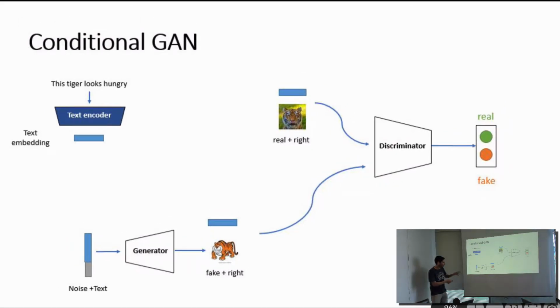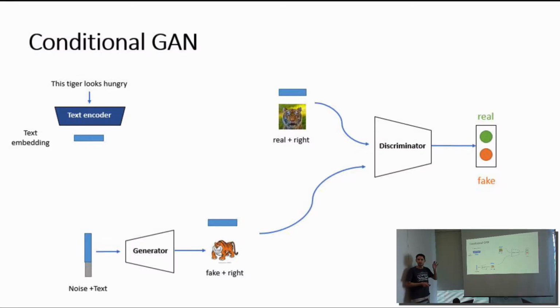I emphasize that the generator here only tries to generate the image. For the discriminator, we feed the images that we have, either real or fake, plus the right text embedding. The objective of the discriminator is to say whether this pair is real or not, right?